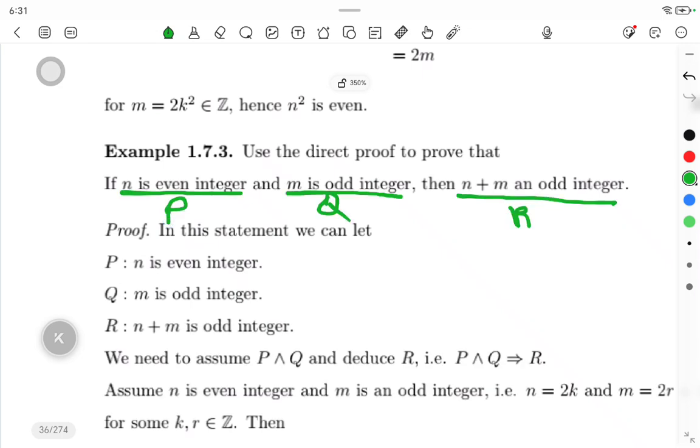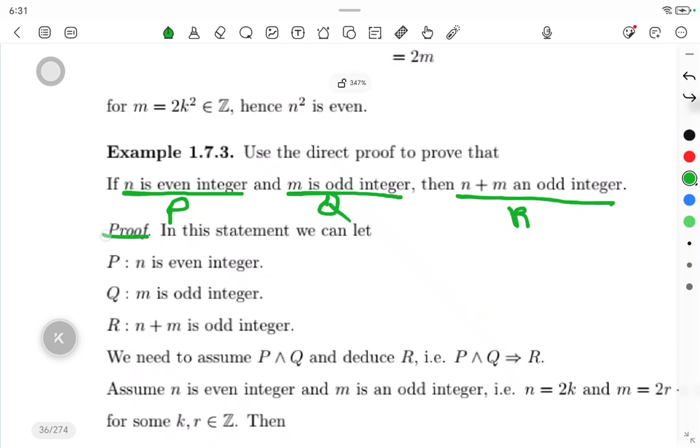Now we come and write the proof. We assign statements. P is n is an even integer. Then q is m is an odd integer. Then r is n plus m is an odd integer.